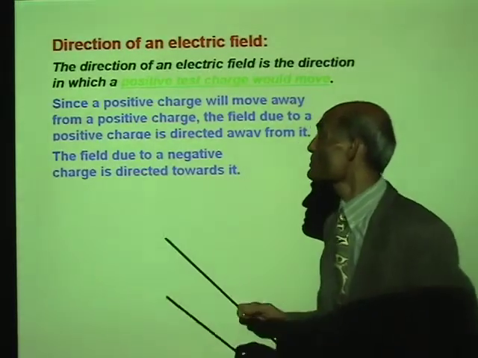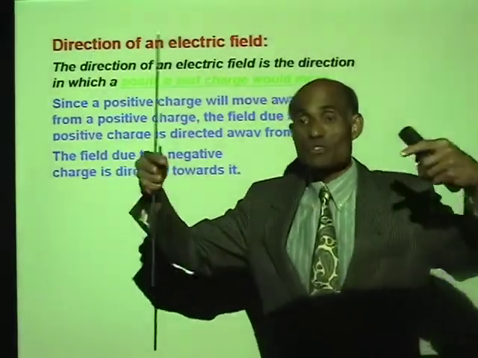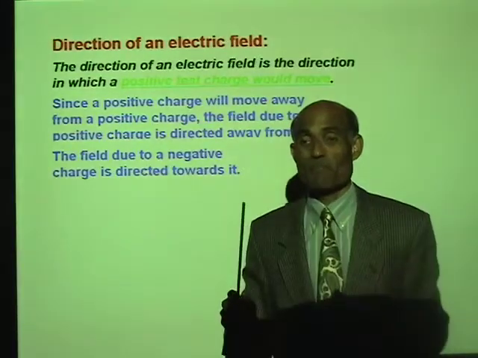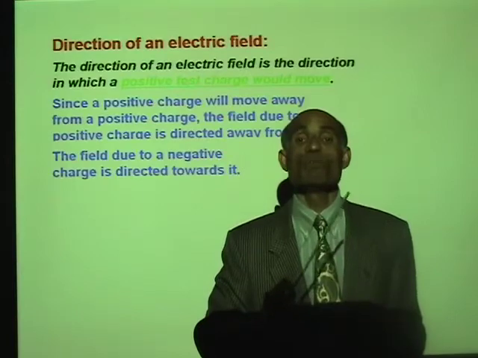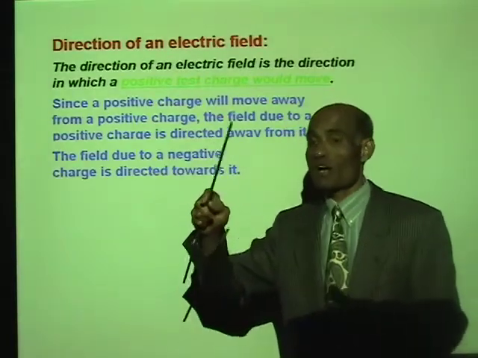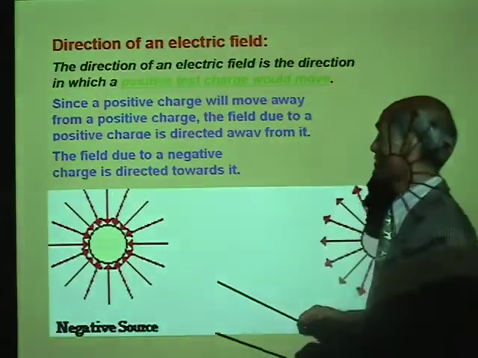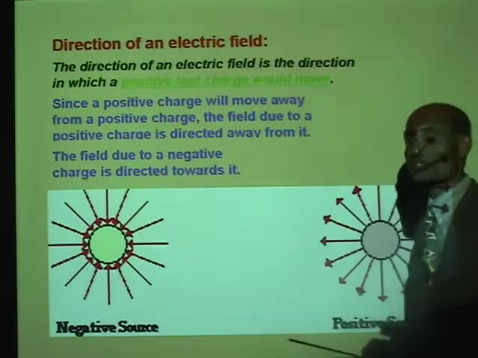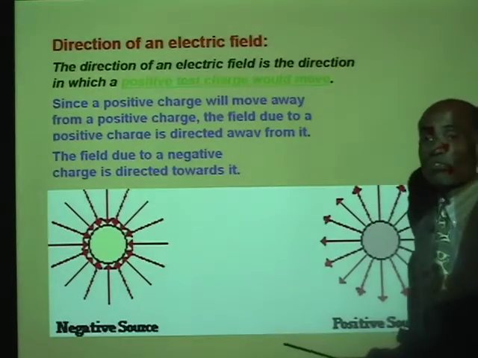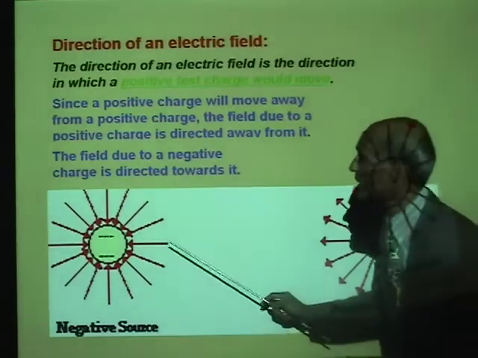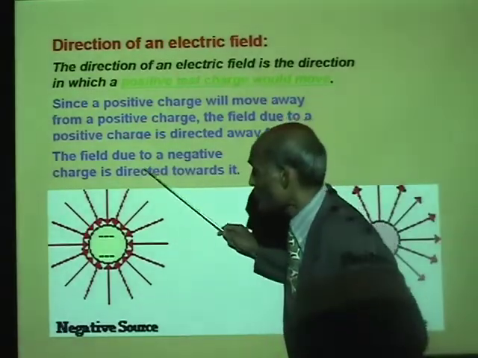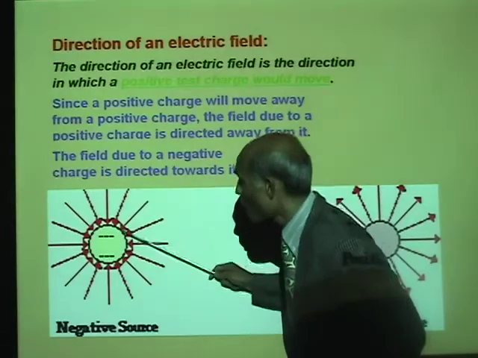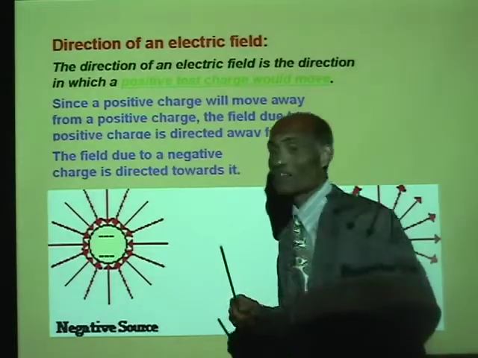Similarly, the field due to a negative charge is directed towards it. A standard positive test charge will move away from a positive charge and towards a negative charge. Now here I have constructed the electric field due to a negative charge. Look at the arrows. These arrows are all pointing towards the negative charge.